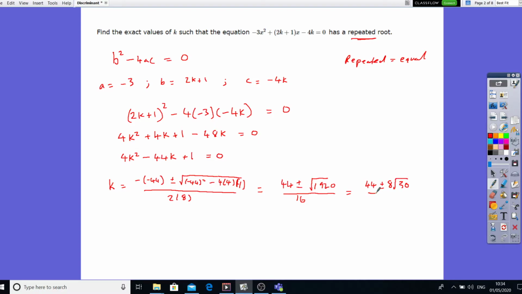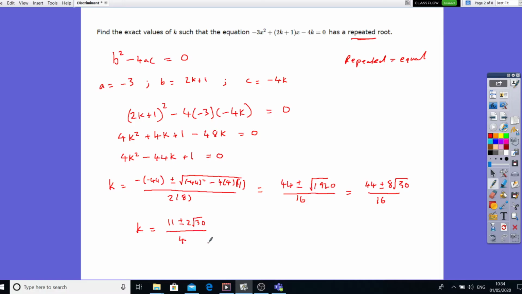You could simply just do this on your calculator. Simplify all this, so as you can see, 4 will go into all of these, so k will equal 4 into 44 is 11, 4 into 8 is 2, root 30, all over, and 4 into 16 is 4.